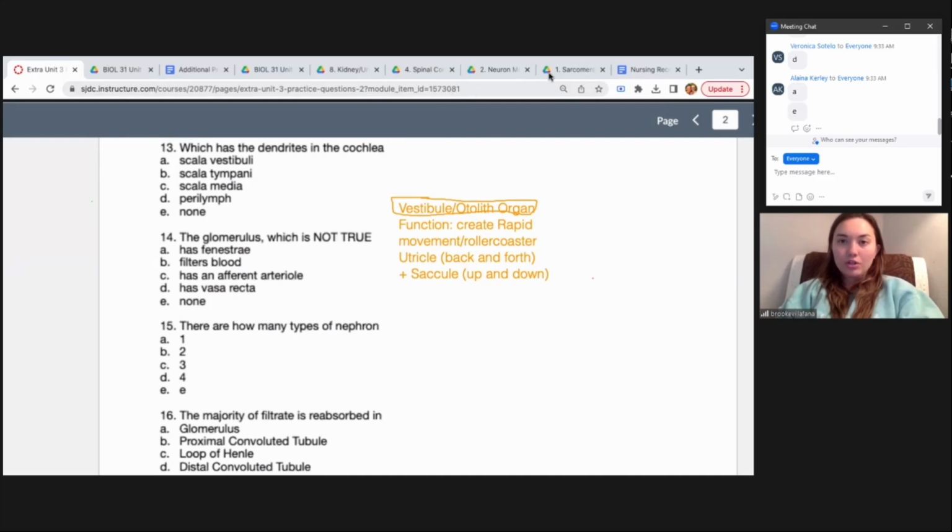All right. Question 13. Which of these has the dendrites in the cochlea?